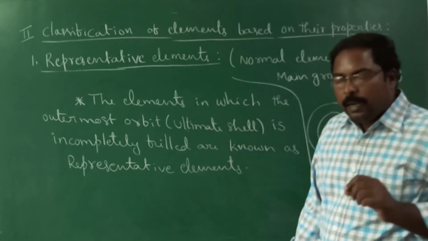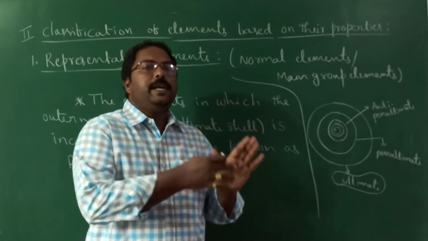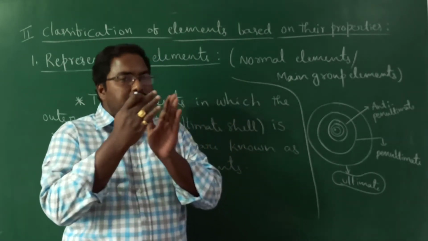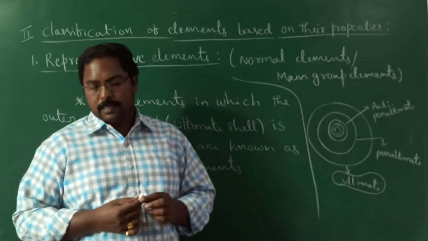Okay. Now we have to know what type of elements these are. In the periodic table, the elements present in which groups come under representative elements.